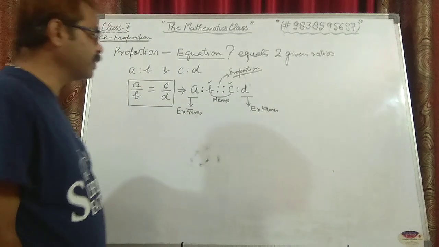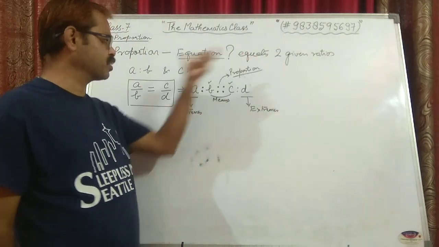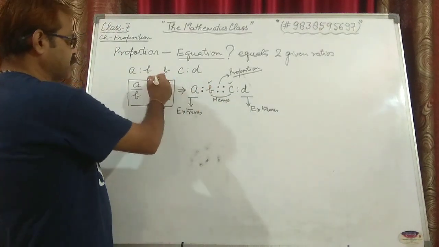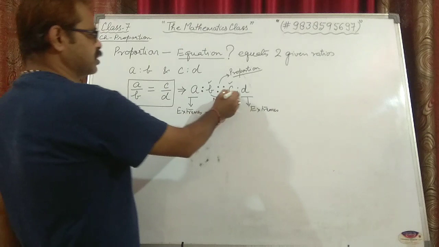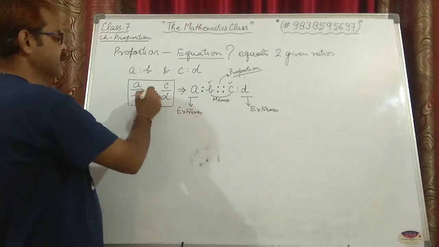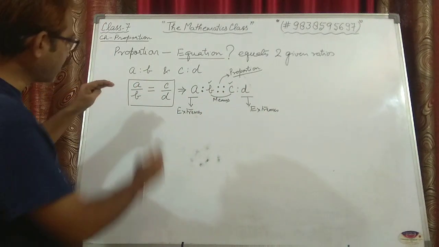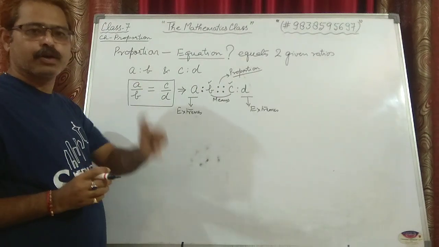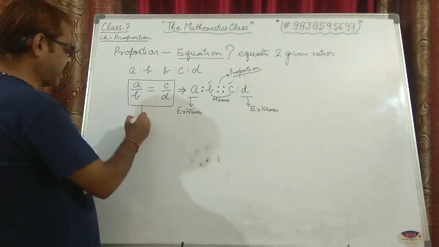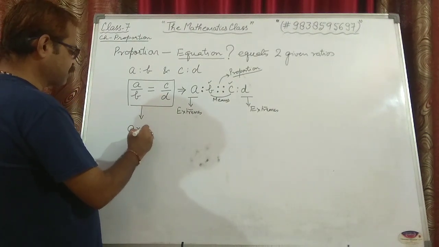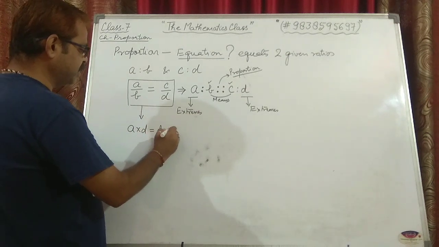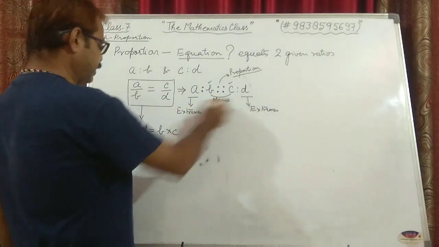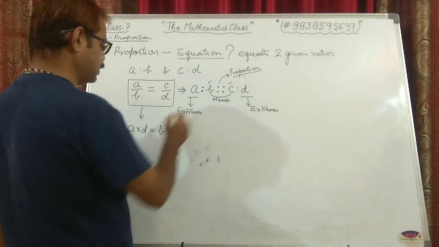Now how do we solve them? Now you know what is proportion, how it is written, what it means. But how to solve? So again come back to the original thing. A is to B, proportion C is to D can be written as A upon B is equal to C upon D. And you know how to solve two given equal fractions simply by cross multiplication. When you cross multiply, you will get A into D is equal to B into C. One thing you can see that A and D were extremes and B and C were means.